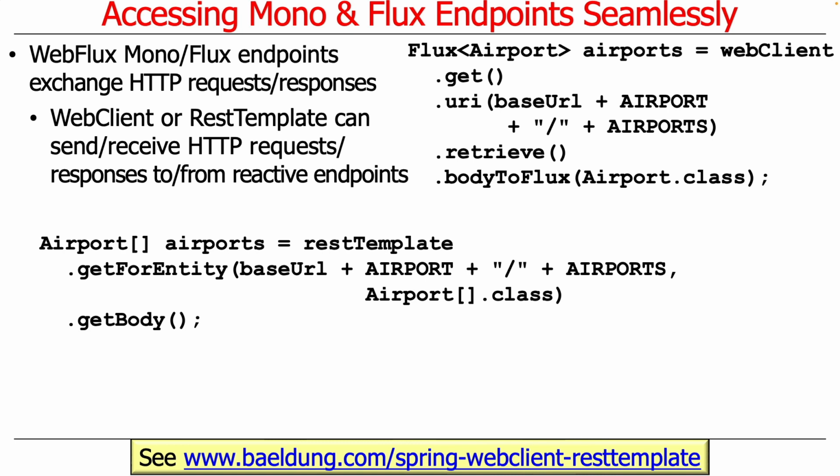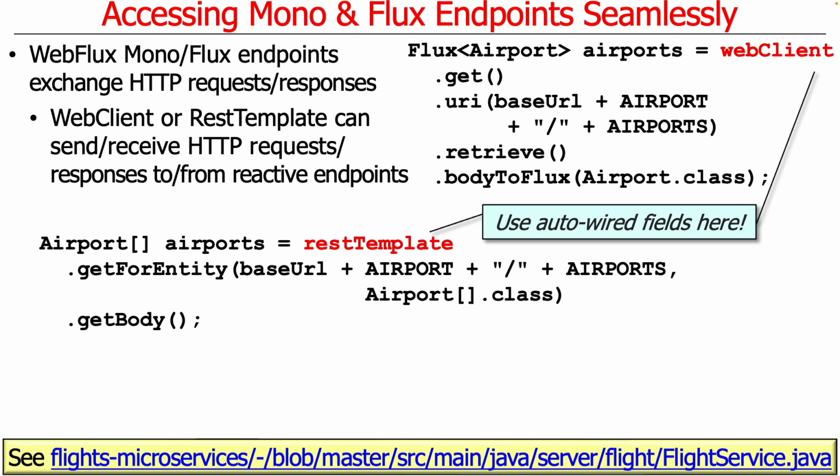The most common way that we do it in the old school December 2022 model is by using something called Web Client. And Web Client is something that can be auto-wired. And basically, you can use it in order to be able to do asynchronous calls to server endpoint methods, endpoint handlers. And what will come back to you will be stuff that will be in the form of monos and fluxes.